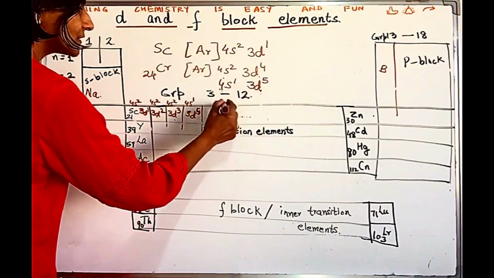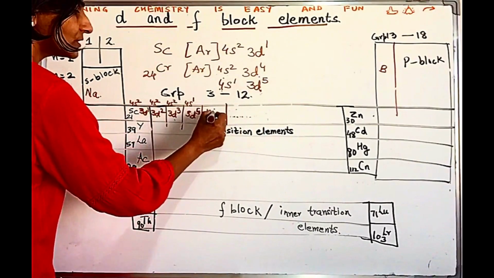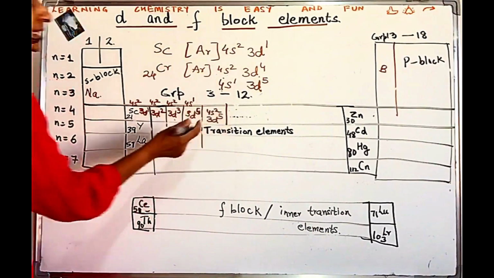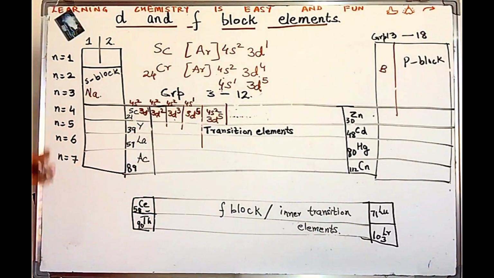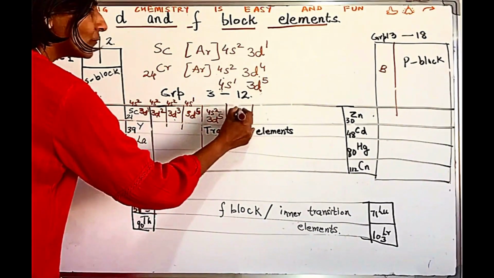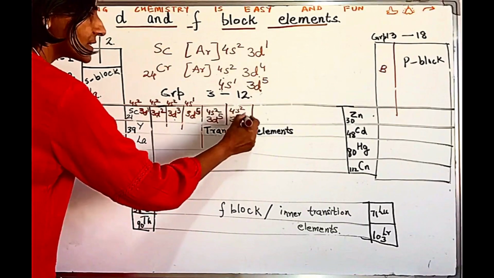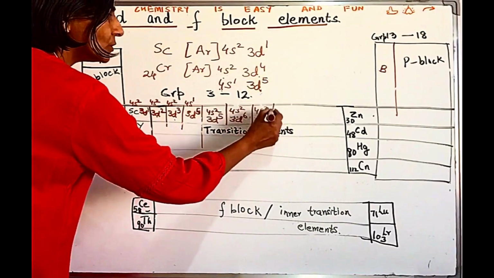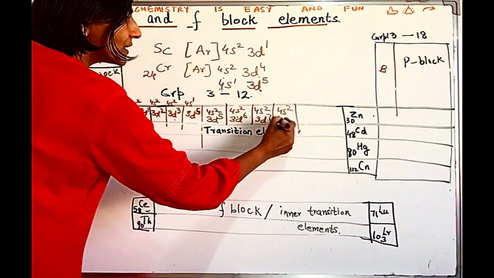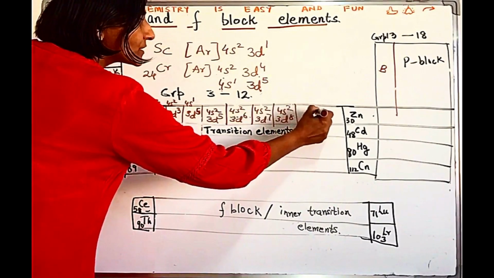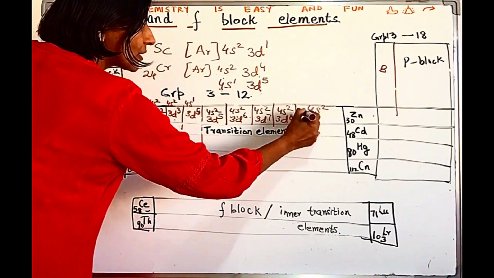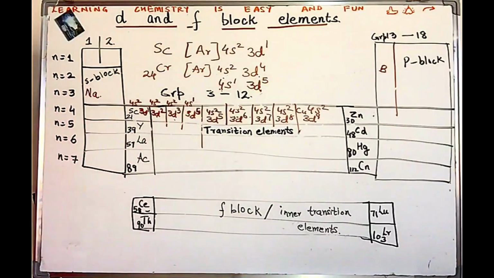Go ahead, after this it will be 4s2, right? 3d5, because now naturally it has got the d5 configuration. 4s2, 3d6, 4s2, 3d7, 4s2, 3d8, 4s2, 3d9, that is my copper, atomic number 29.